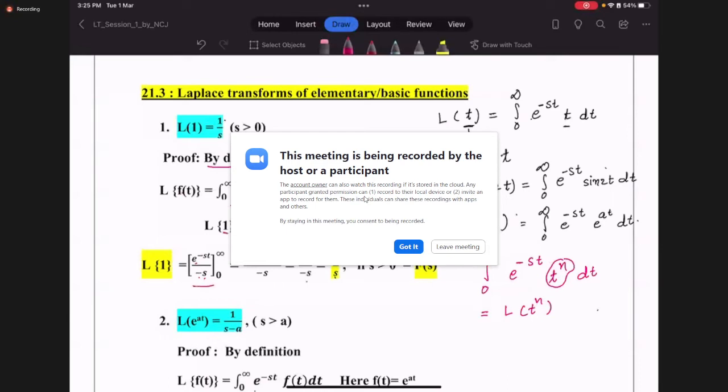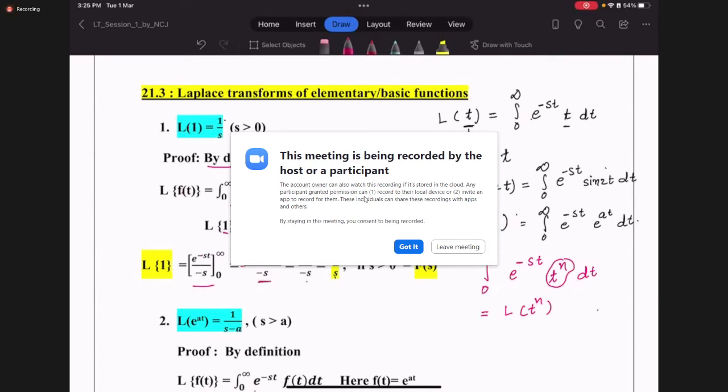Is this integration correct? Yes or no? Yes, ma'am. E raised to minus st upon minus s between the limits 0 to infinity. Minus s is a constant, a parameter, you can take it on the side.